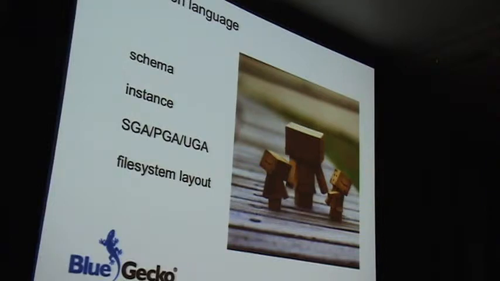And then the schema, which would be the user database in MySQL language, in order to be more clear about what we're talking about. I'm also going to talk a little bit about the actual instance and the different portions of the instance and how you might be able to see that and consider it within MySQL, what goes into the SGA, the PGA, the UGA, and then we can talk a little bit about file system layout.